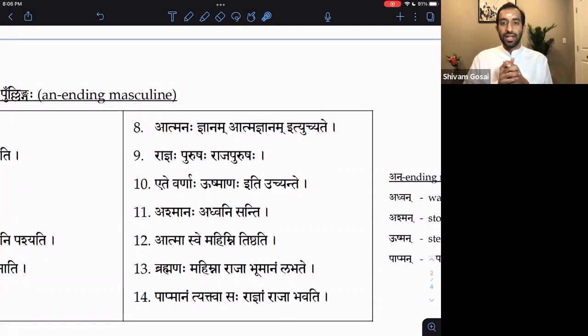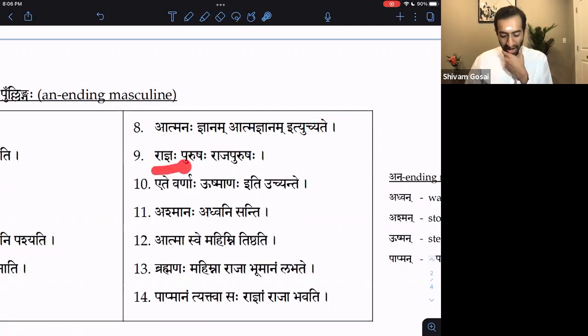The teacher will say, you might be wondering, what's the relationship between Atma and Jnanam? It can be the self is the knowledge, or the knowledge from the self, or knowledge in the self. You can have different variations of the same compound. But the teacher will tell you it's knowledge of the self, 6th case. So this is just the style of breaking the compound.